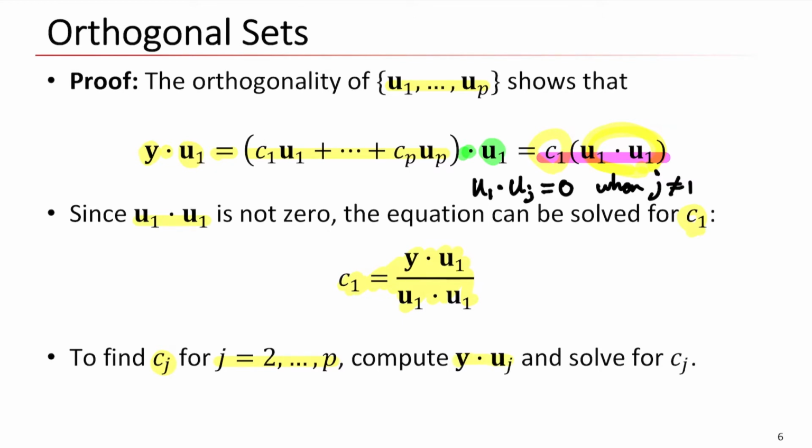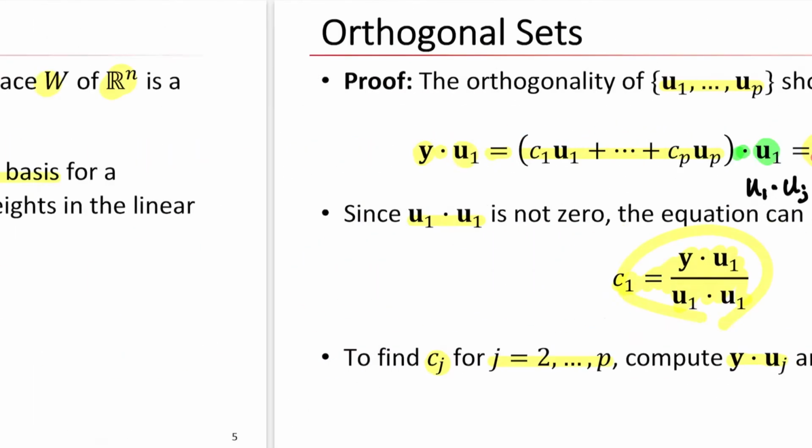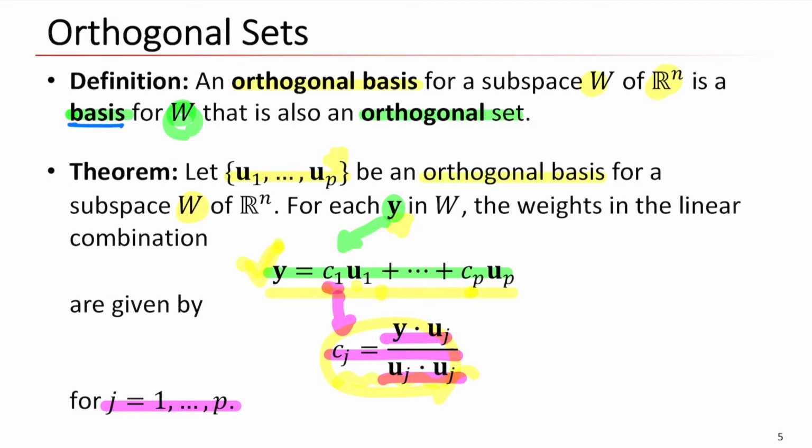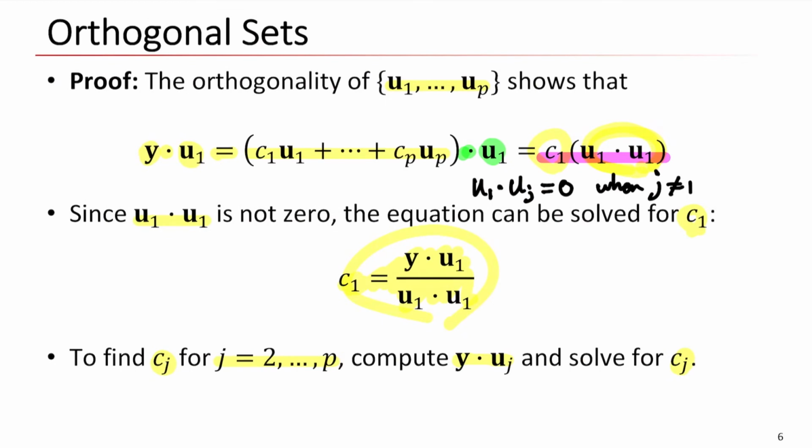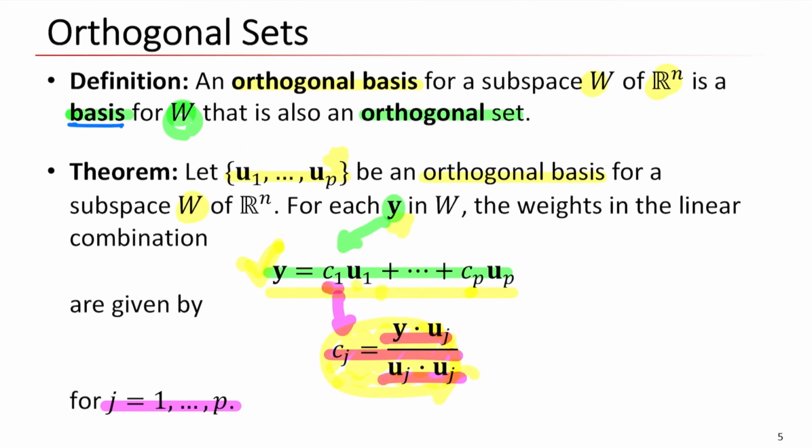So we can similarly define Cj in terms of Uj, right? Similar to this one, right? So in other words, from here we can compute Cj as Y inner product Uj over Uj inner product Uj. Okay, so this is the theorem to represent the arbitrary vector Y in terms of the orthogonal basis.